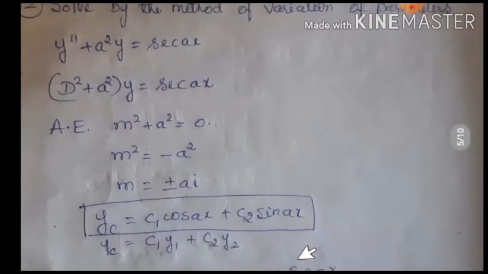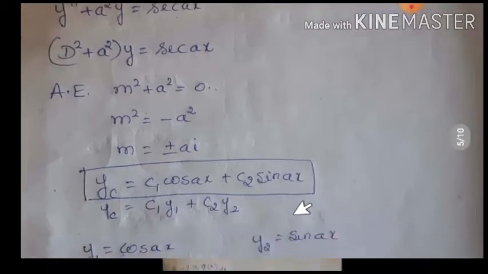We know the general form of the complementary function, which will be c1 y1 plus c2 y2. We need to find what y1 and y2 are from this complementary function. When I compare the obtained complementary function with the general form, y1 is cos ax and y2 is sin ax.